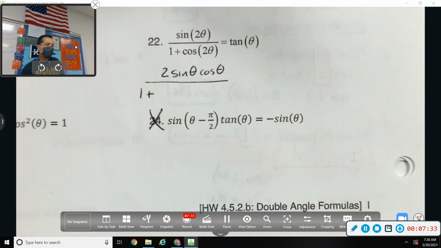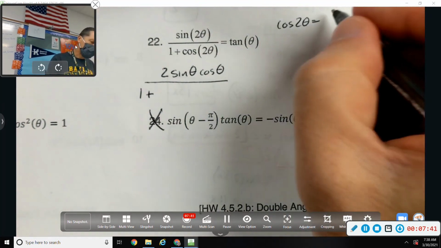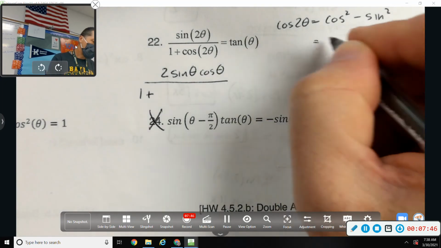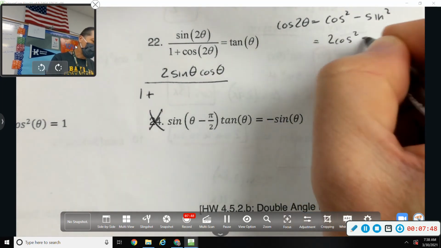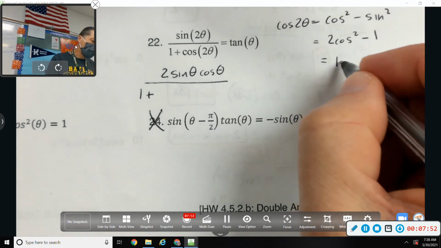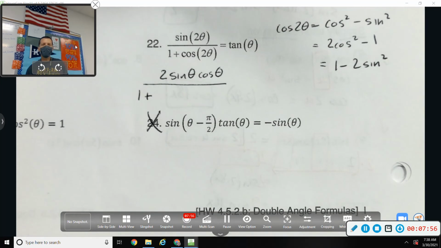And cosine 2 theta, that's one where I've got options. It equals cosine squared minus sine squared, or 2 cosine squared minus 1, or 1 minus 2 sine squared. So I got to pick out which one of those is the best plan.